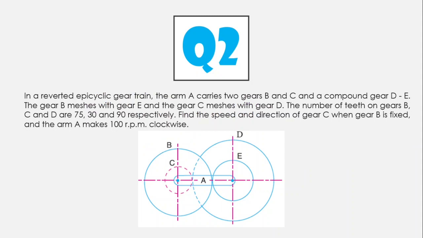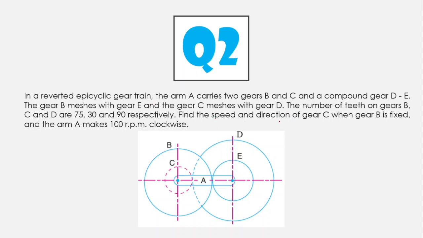And here is the second question. In a reverted epicyclic gear train, the arm carries two gears B and C and a compound gear DE. Gear B meshes with gear E and gear C meshes with gear D. The number of teeth on gears B, C and D are 75, 30 and 90 respectively.